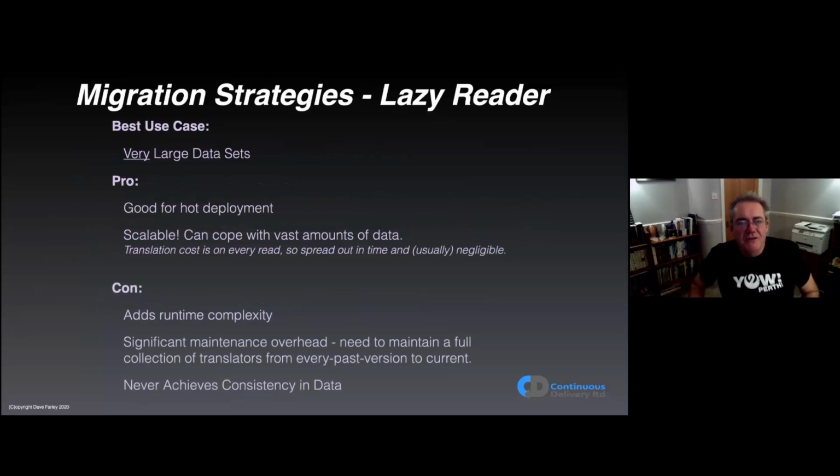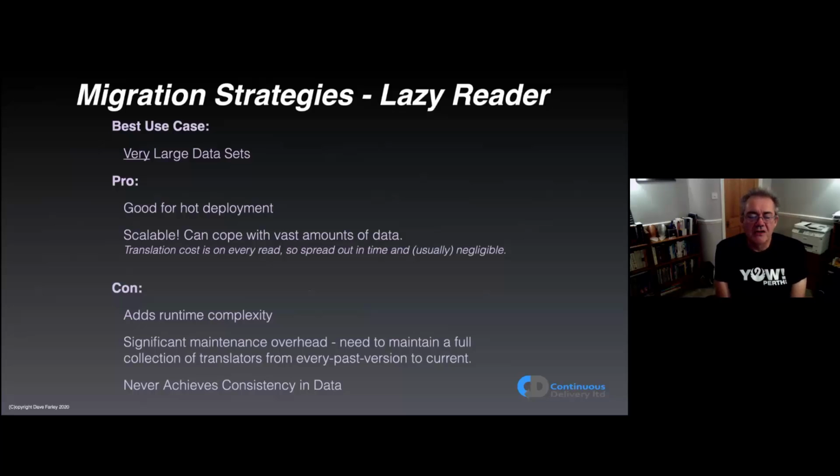The best use case for this is with very, very large data sets. If you've got humongous data sets, this is perfect, because if you've got terabytes or petabytes of data, you can't afford to go and translate those. You can't afford to go and rewrite those. I once worked on building a trading system.